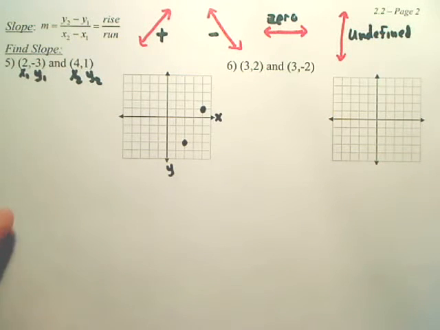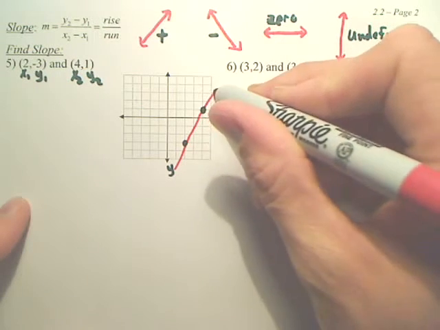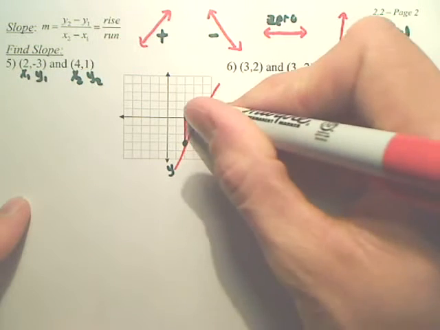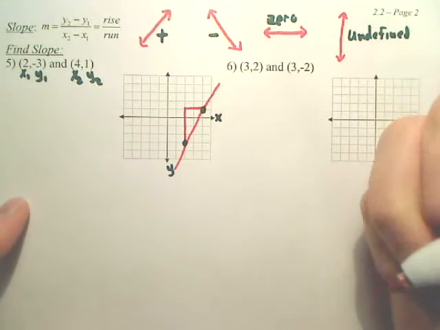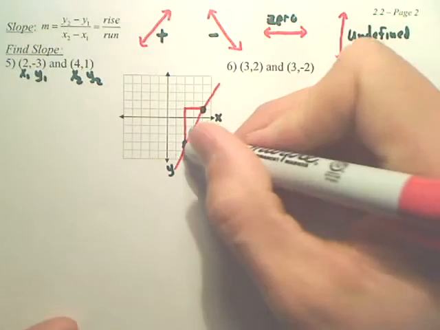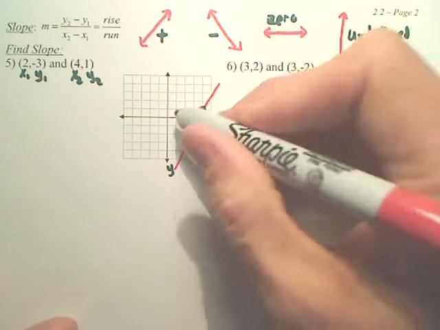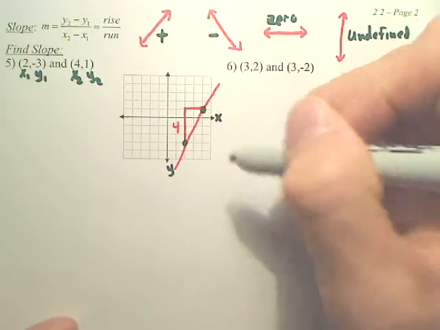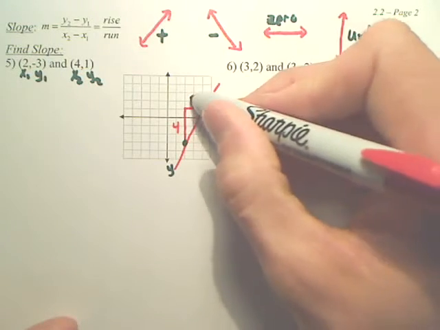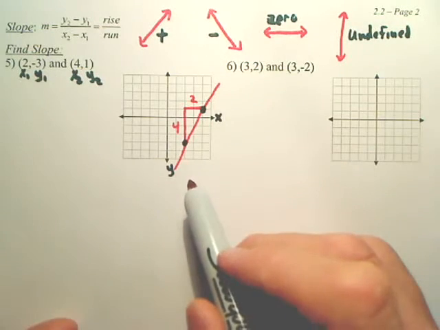If I want to find the slope of a line through these two points, do you understand you're creating a little right triangle here? How far up did I go? 4? How far over did I go? Is that a positive or negative slope?